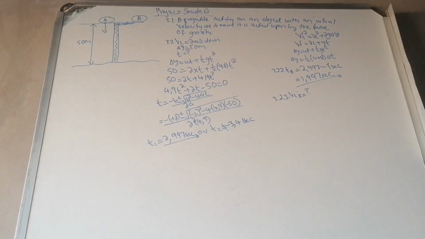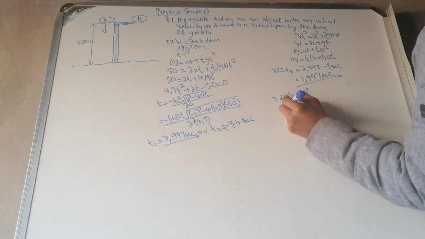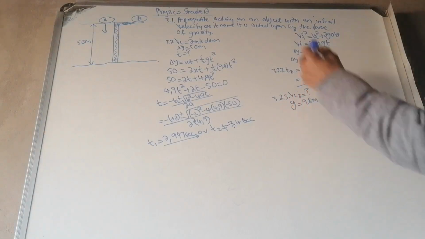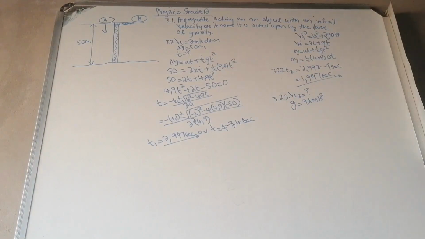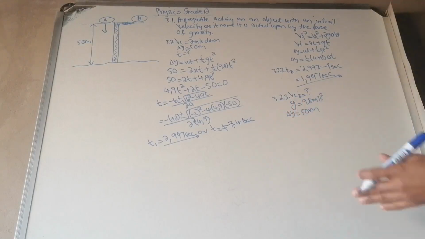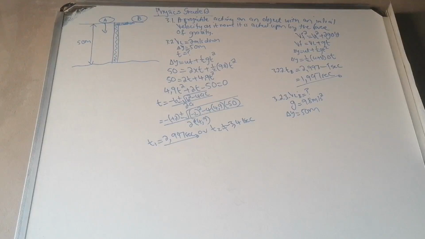I know it will hit the water with a certain velocity, and I know that my g is 9.8 meters per second squared, just as I had for stone A. And what else do I know? I know displacement is 15 meters relative to the water surface, and then I don't have the final velocity. So which one can I rely on?